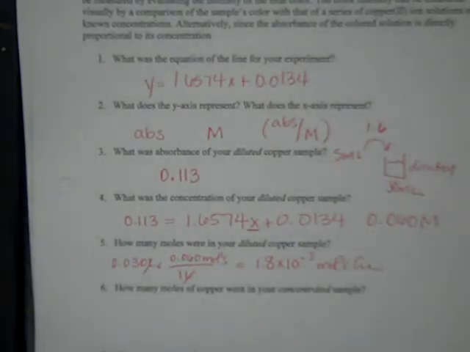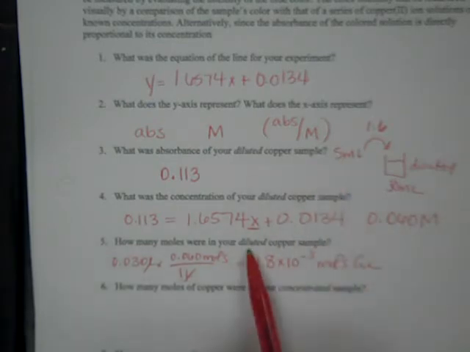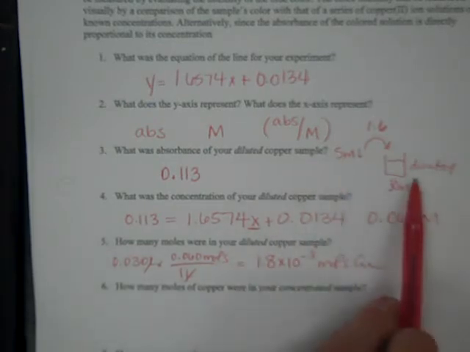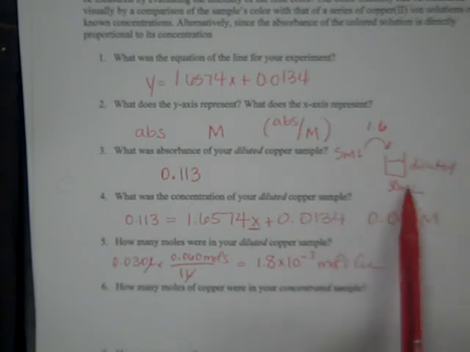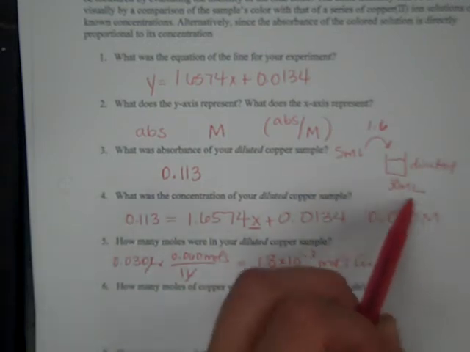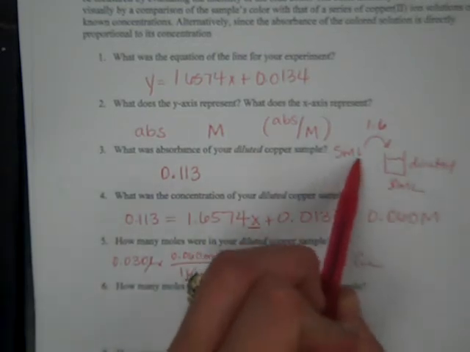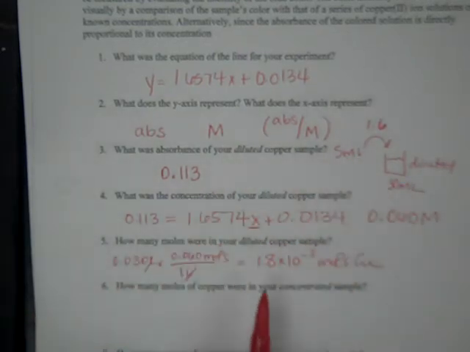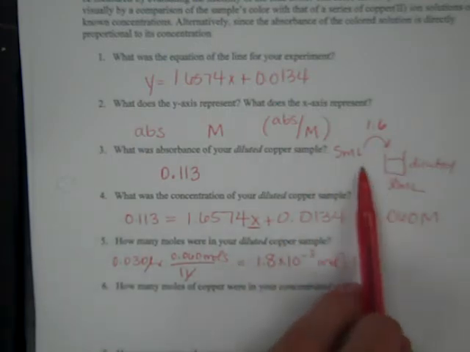When I diluted your sample, I took the moles of this 5 milliliters and put it in 30 mLs of water. I did not add 30 mLs of copper(II) sulfate or copper ions. It was only water. So all of my copper ions came from these 5 milliliters, which means I have 1.8 times 10 to the negative third moles in 5 milliliters.